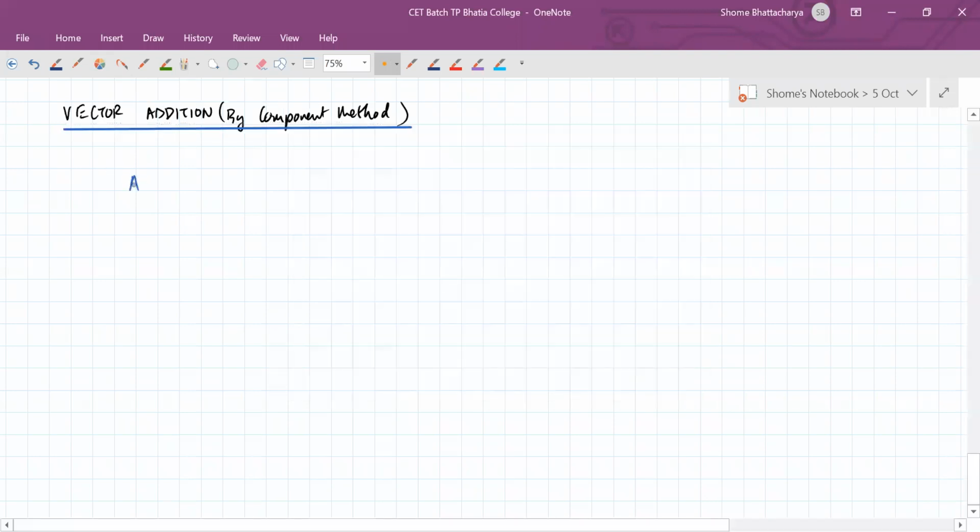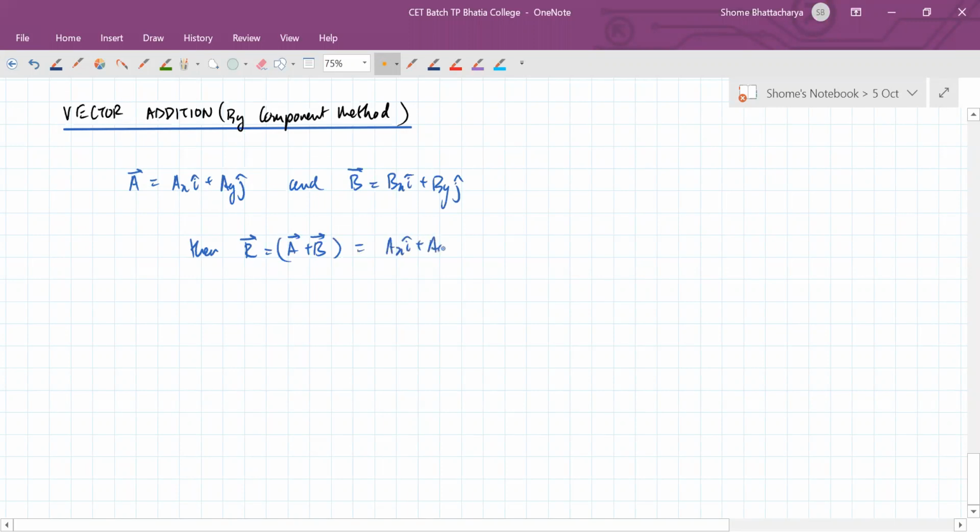If vector A is given in component form, with components ax and ay, and similarly vector B is also having components bx and by, then the resultant sum of A and B we can calculate by just substituting A and B in component form and then expanding this.